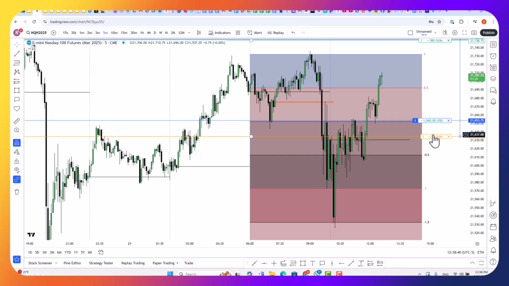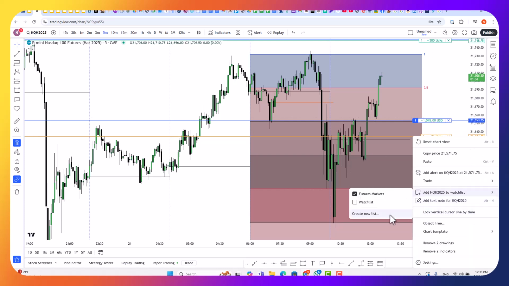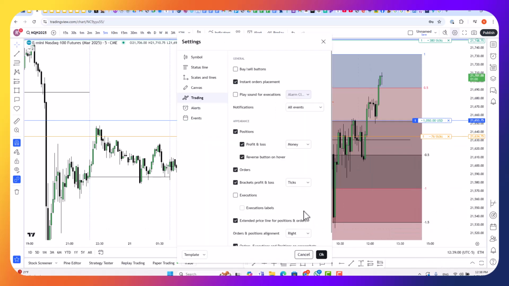So I'm risking 76 ticks to make 380 ticks. Okay, but how about this? This part should also change. Profit and loss.